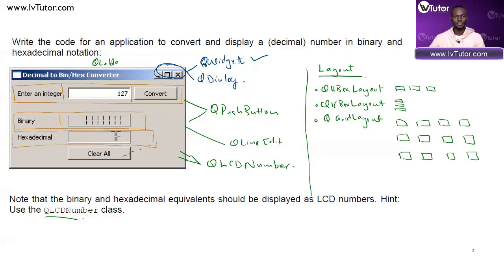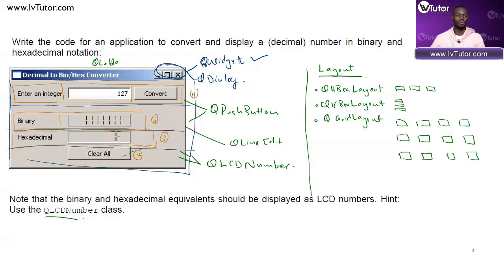Then let's take these 1, 2, 3, maybe we'll leave this one out, 4 items and put them on a vertical layout. So these then are laid out in a vertical way. So this would be the first one, this would be the second one, that would be the third, and then the 4th row of our vertical layout. In this case, we would have used a combination of a horizontal and a vertical layout.